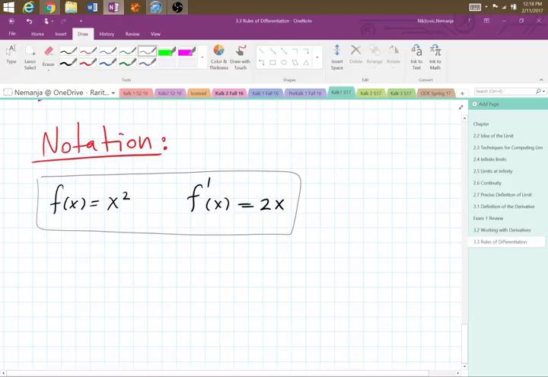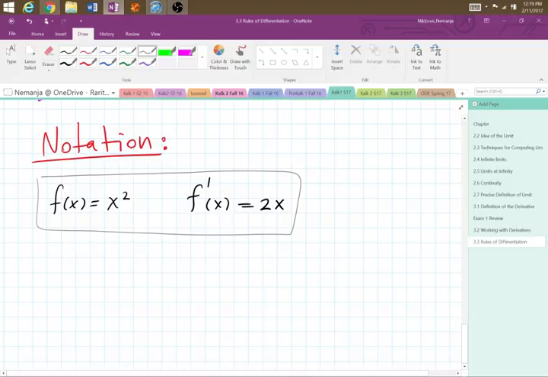You cannot write x squared equals 2x. X squared and 2x, as we saw in a previous lecture, are two completely different functions. So you have to read it to yourself: the function is x squared, the derivative of that function is 2x. It's two completely different, separate things.